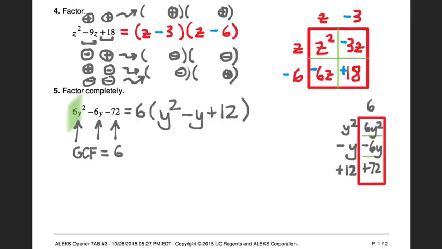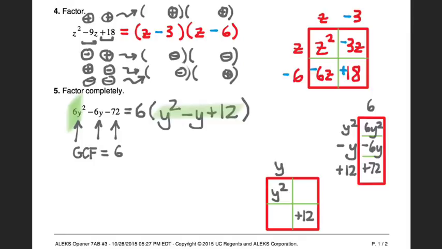And the good news is that is a quadratic trinomial that we do know how to factor using the method we talked about today. How do we factor y squared minus y plus 12? What should my pair of numbers satisfy in order to get to where we're going?